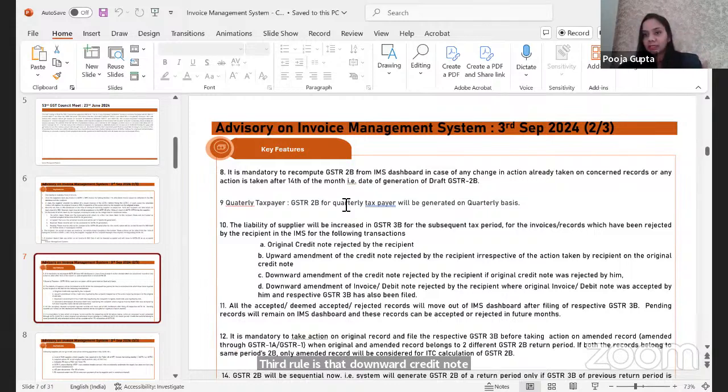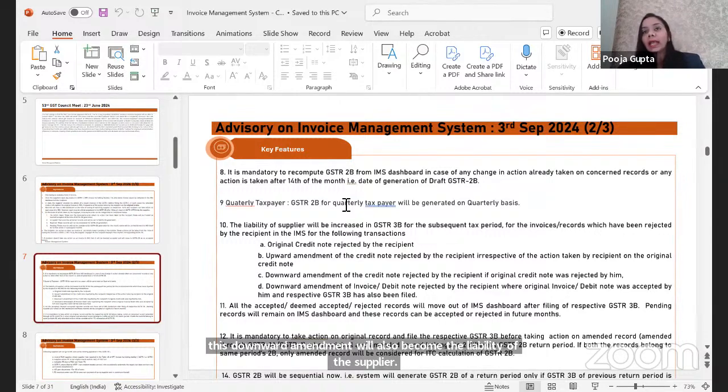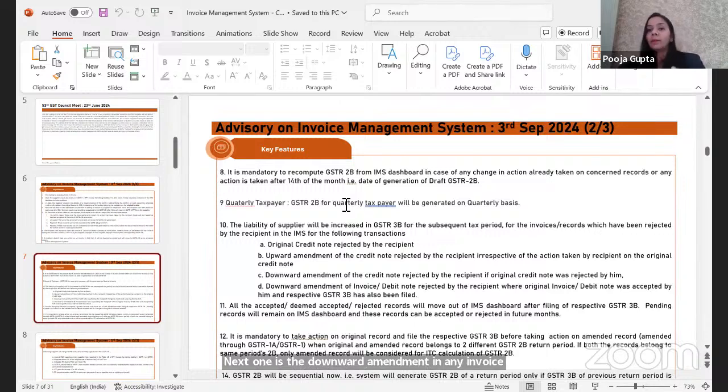The original credit note was 10,000 and the amendment was done to 9K, but if the recipient has already rejected the original credit note, then this downward amendment will also become the liability of the supplier. Next one is a downward amendment in any invoice or debit note after the action taken by the recipient as accepted.